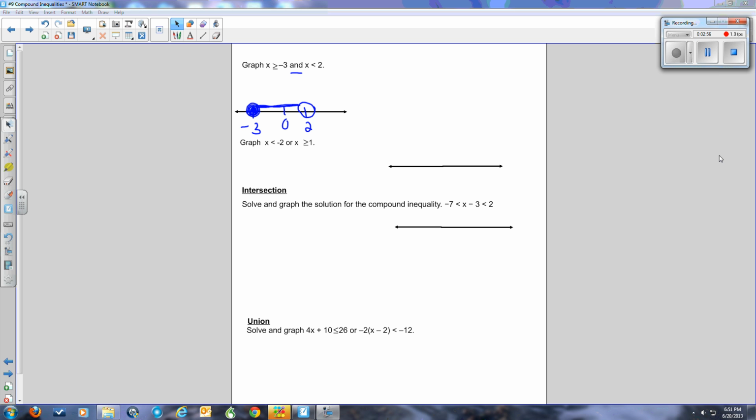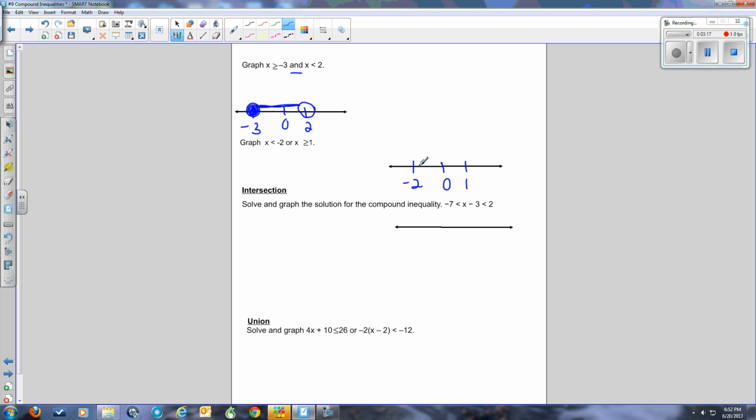Now let's say that we go to graph this compound inequality: x is less than -2 or x is greater than or equal to 1. So this involves the word or. We're going to go to where -2 would be on the number line, which is about here. Here's 0 and here's 1.